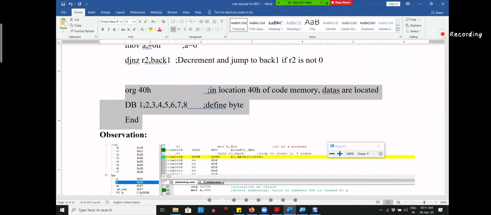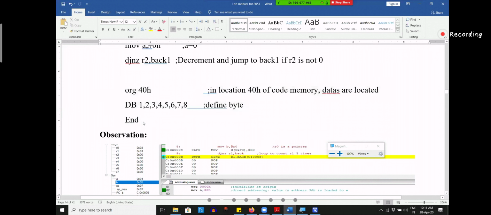The microcontroller is always looking at that lookup table. It's something like permanent memory.